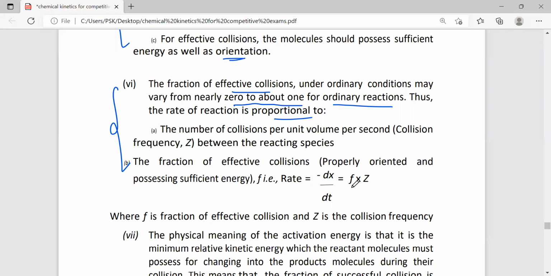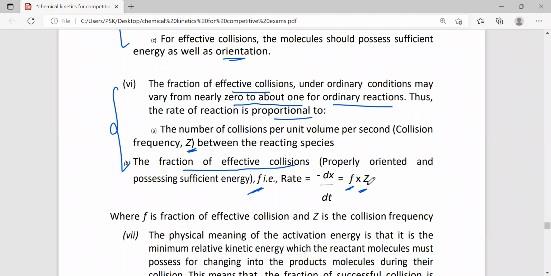So minus dx/dt is equal to F into Z. This Z, we know, is called collision frequency. And the fraction of the effective collision is represented by letter F. So the rate of a reaction is the fraction of effective collision into the collision frequency.